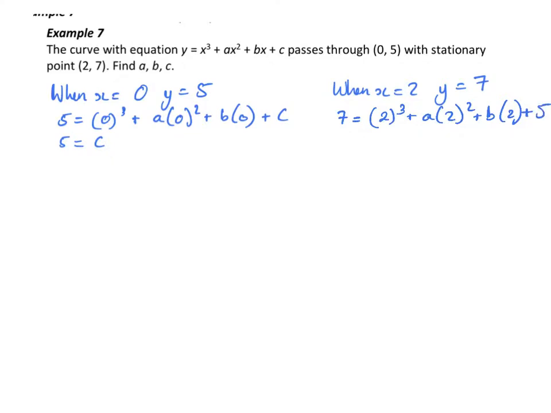Let's tidy that up a little bit. The last bit of tidying up is to divide by 2, so you get negative 3 is equal to 2a plus b. So that is an equation that we can use.